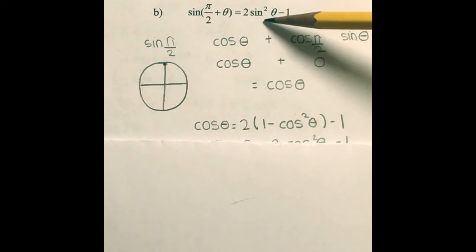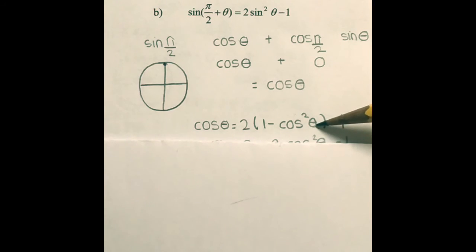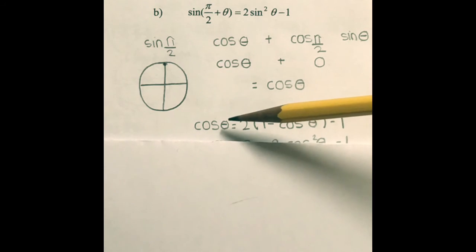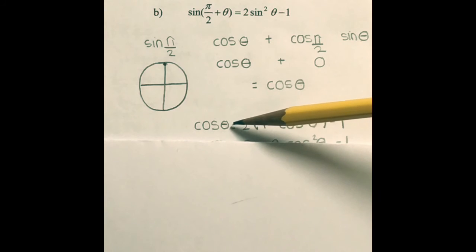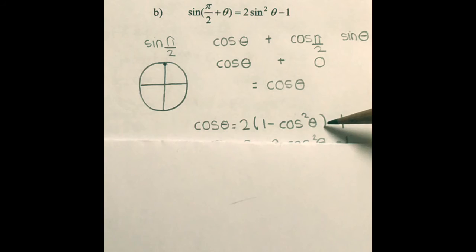Next, we must recognize that sine squared theta can be written as 1 minus cosine squared theta. So we now have cosine theta equals 2 times, in parentheses, 1 minus cosine squared theta, and outside of the parentheses, we have minus 1.